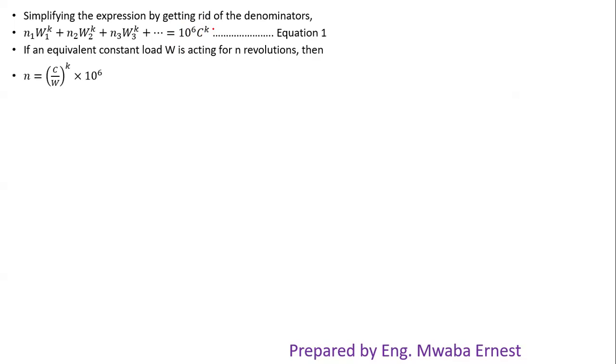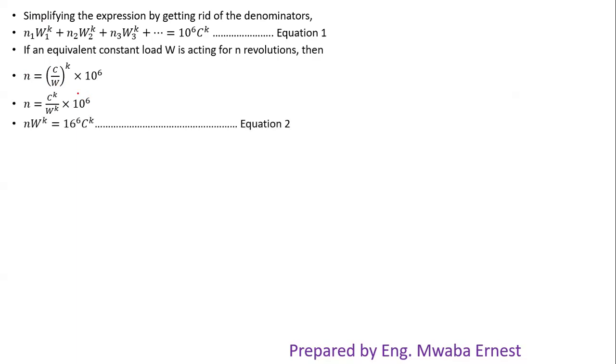So then, suppose we have the equivalent load rating W acting for N revolutions. We say N is C over W power K, by 10 power 6. That's what we already picked, meaning if I open these brackets, it's C raised to power K and W raised to power K, because this power belongs to both of them, and then there's 10 power 6.